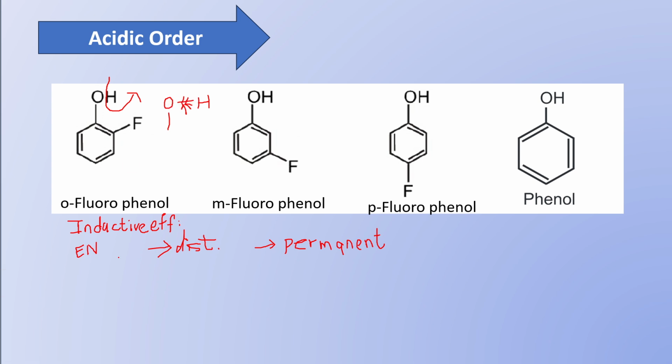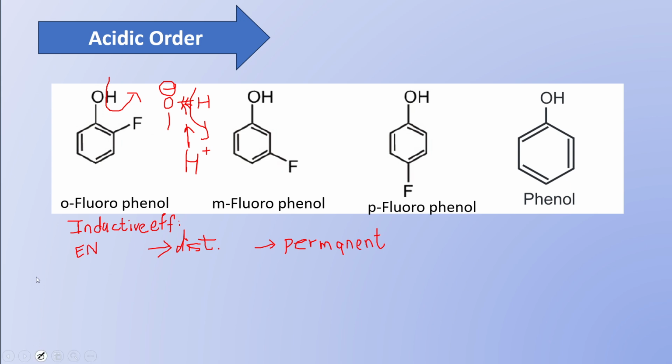When the hydrogen leaves, it loses the electron which it shared while making this covalent bond. So this is going to be H plus, and this is going to be O minus. There is going to be an electron cloud, electron density, created at the oxygen.